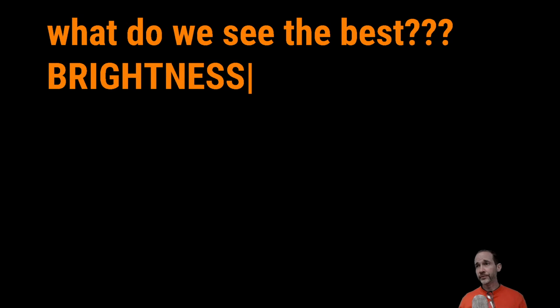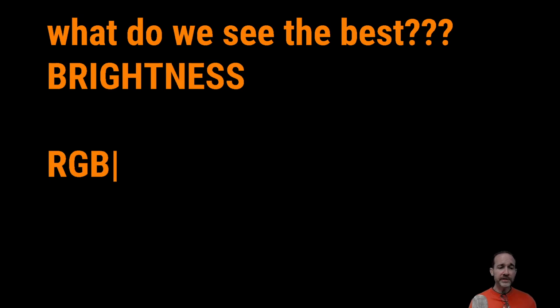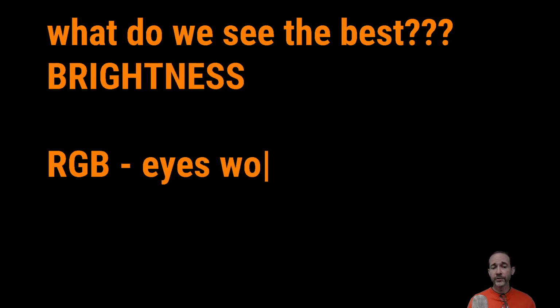Even with your eyes closed, people can sense very small, very dim blinking lights. Next to that, once we start to break it down into colors, the RGB is not some sort of random decision. That's how our eyes work. Our eyes have photoreceptors that are tuned to red, green, and blue. So having the screens tuned to red, green, and blue makes a lot of sense from this standpoint, right?